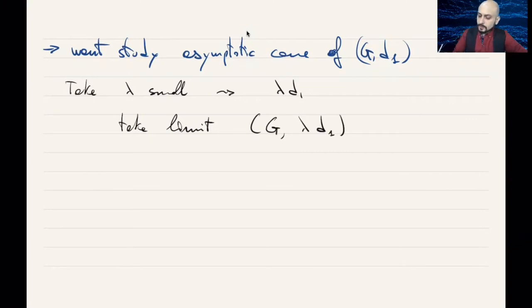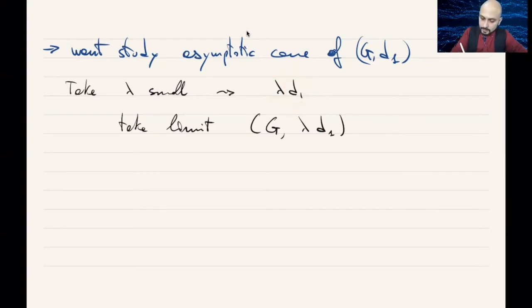Now, when you have a Riemannian or also subRiemannian distance, it's easy to dilate the distance in terms of the Riemannian structure, because if the distance d1 has orthonormal frame x, y, z, then what is an orthonormal frame for this new distance?